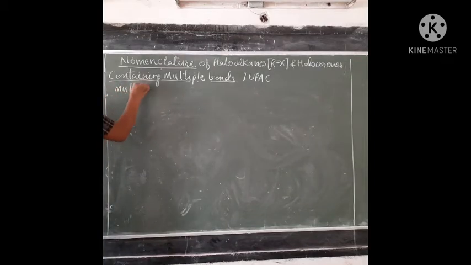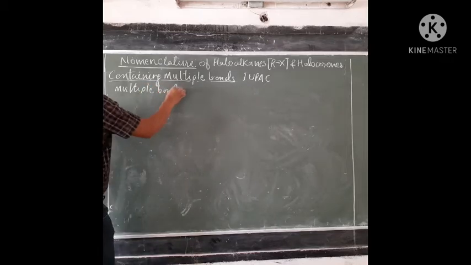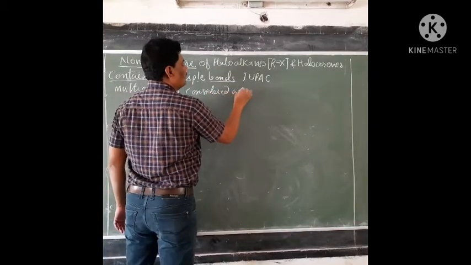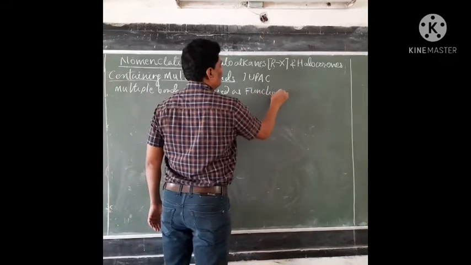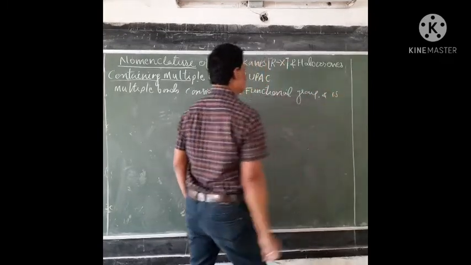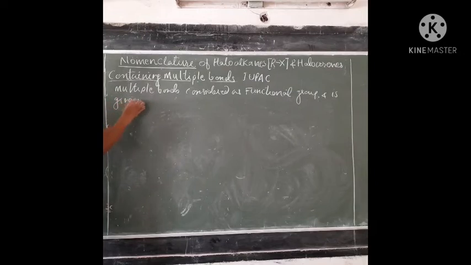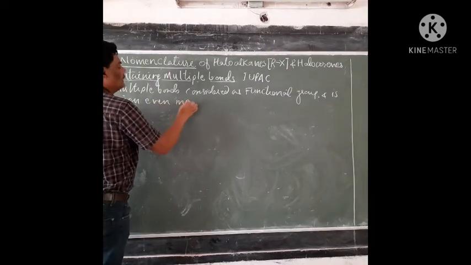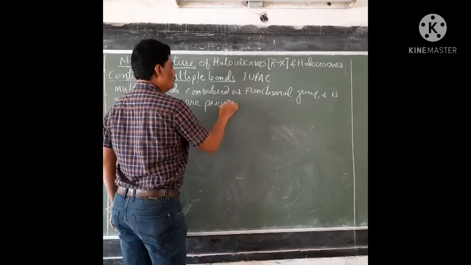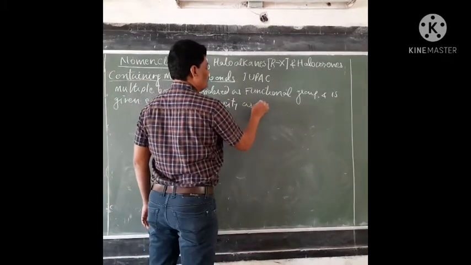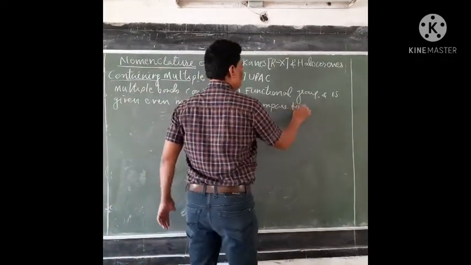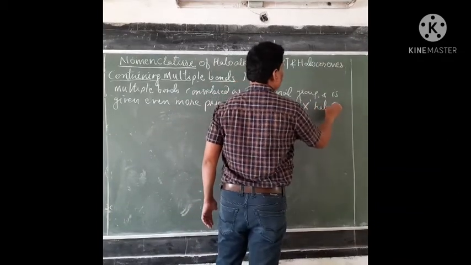Multiple bonds are considered as a functional group and are given even more priority as compared to X, that is, the halogen functional group.